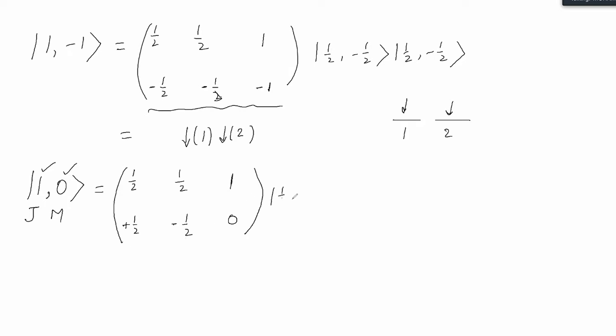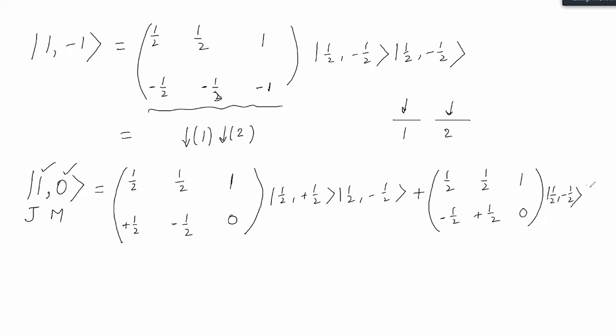Therefore, one is this and the other possibility is half, half, minus half, plus half, 1, 0. Then this is half minus half, half plus half. Now this represents a spin up state. This represents a spin down state. This represents a spin down state. And the second represents a spin up state.